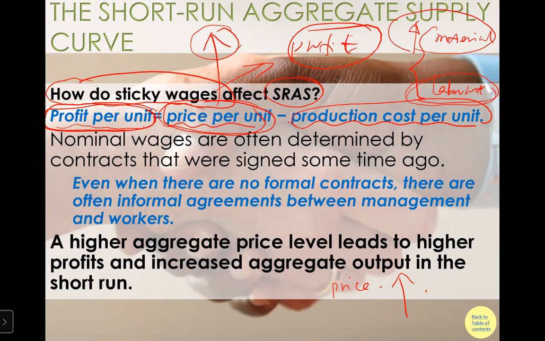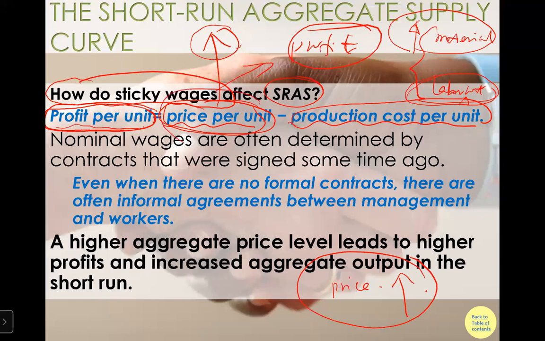And interestingly, in the short run, because the labor contract is binding, because the employee agreed to work for a certain nominal wage, and the employer is free to hire these individuals at that price, what that means is, yes, we have an increase in aggregate price.